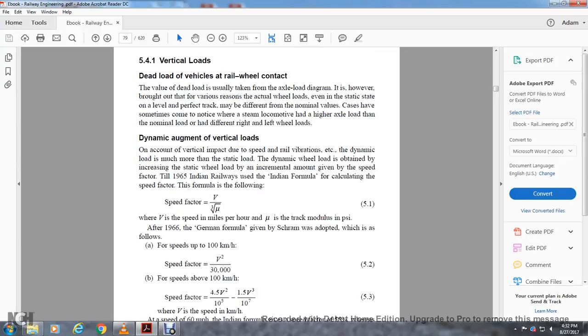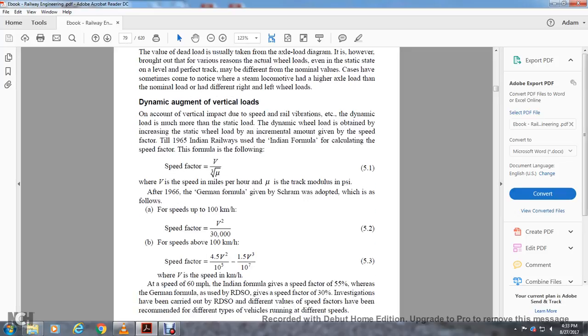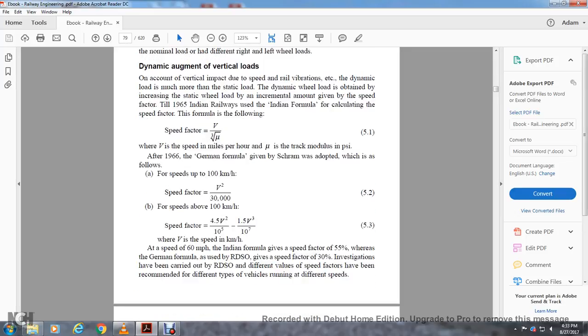For speeds over 100 kilometers per hour, speed factor equals 4.5 V squared over 10 to the fifth minus 1.5 V cubed over 10 to the seventh, where V is the speed in kilometers per hour.